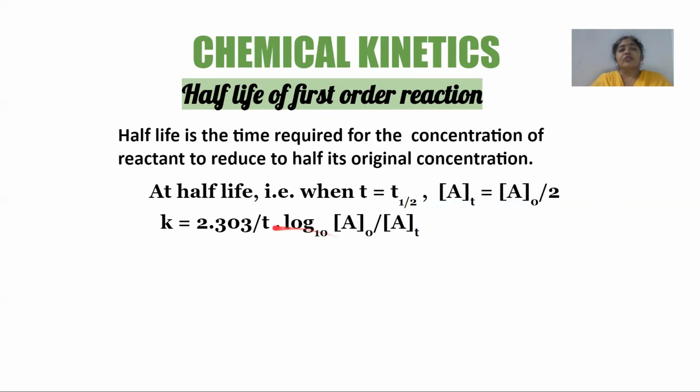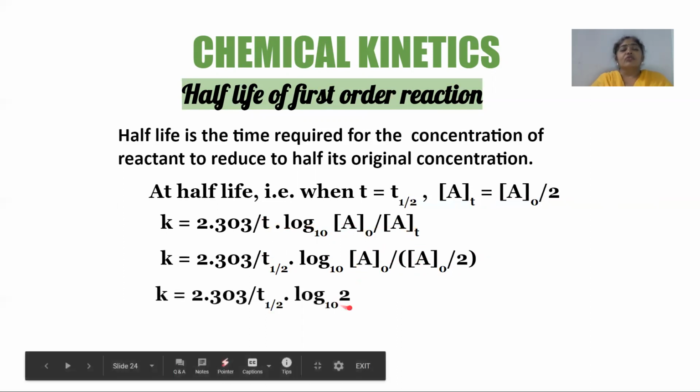If I substitute t as t half and At as A0 by 2, then I have k equals 2.303 by t half, log of A0 upon A0 by 2. When you simplify this expression, this is A0 divided by A0 by 2. That means it becomes A0 multiplied by 2 upon A0. So your A0 cancels and you have simply log 2.